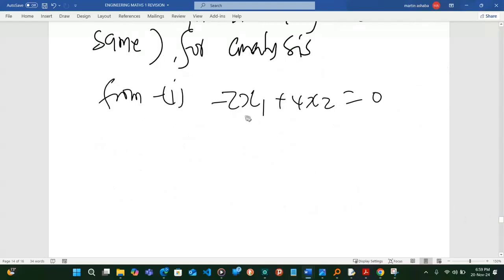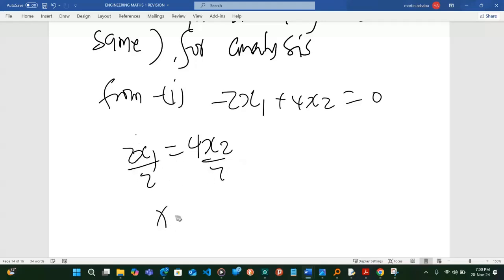So what does that mean? I can take 2x1 to the other side so that I have 4x2. I can have 2x1 equal to that, so that I can divide by 2, and I have x1 equals x2.